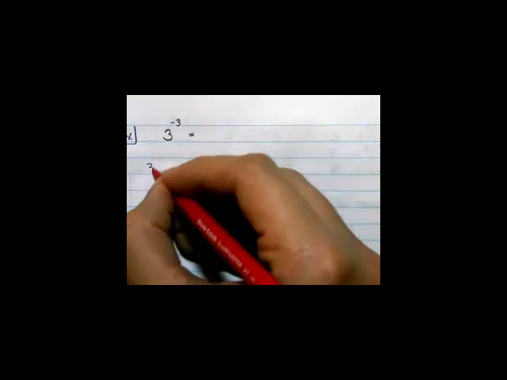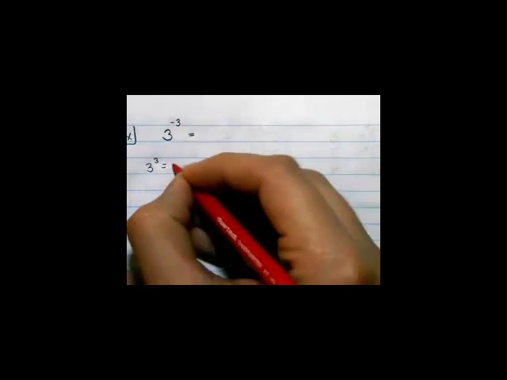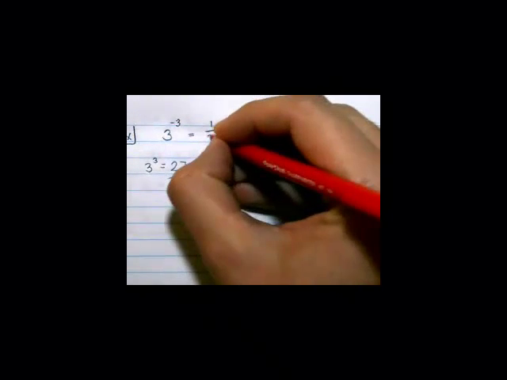And I want to do this by hand, figure out what this is. So we know 3 to the third is 27, right? So 3 to the negative third is 1 over 27. It's whatever you got doing this, flip it into a fraction.